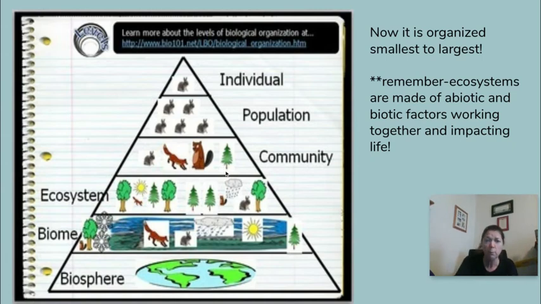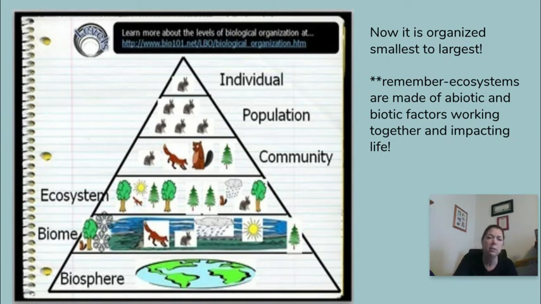From community, we move up a level to the ecosystem. Now you're talking about a larger area, comprised of biotic and abiotic factors. Instead of just referring to the plants and animals, now you're thinking about the temperature of the area, the amount of rain, the amount of oxygen or carbon dioxide, all those components that work together to sustain life.